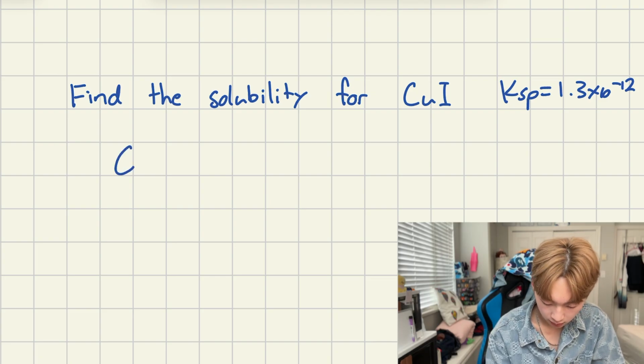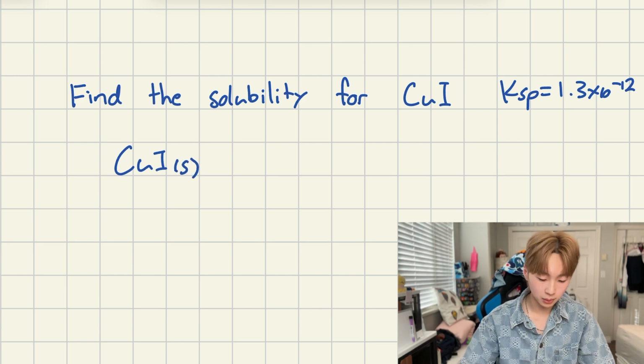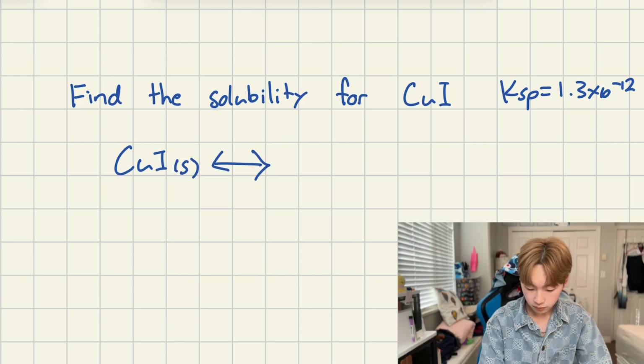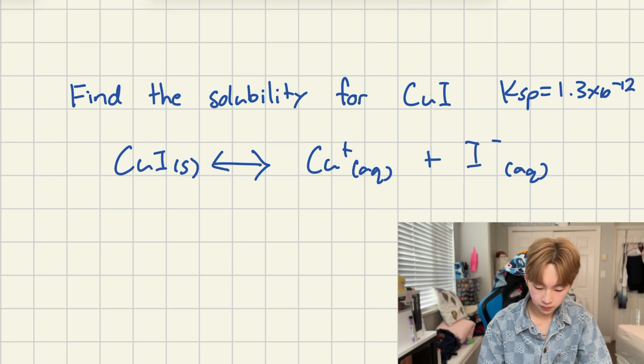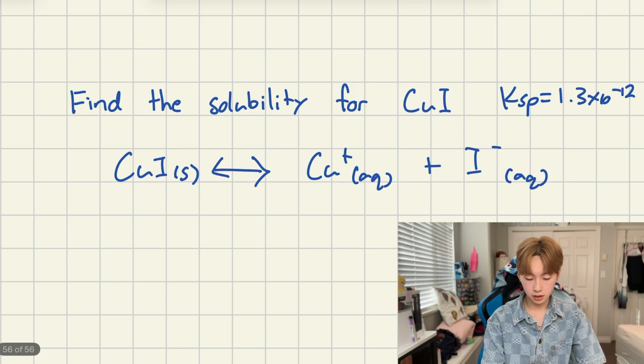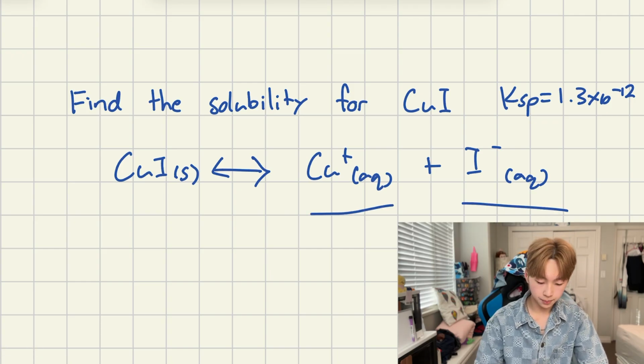So we have CuI, which is a solid. Make sure you check your solubility table and make sure it's a solid. And this is dissolving into Cu+ (aq) and I- (aq). And we're trying to find the concentration of these two right here.